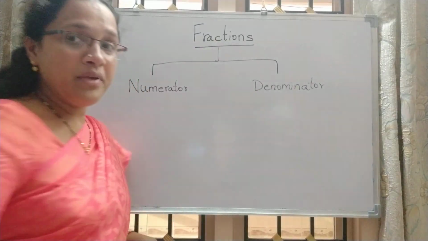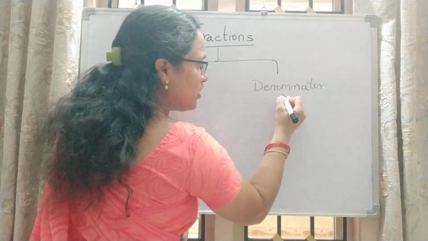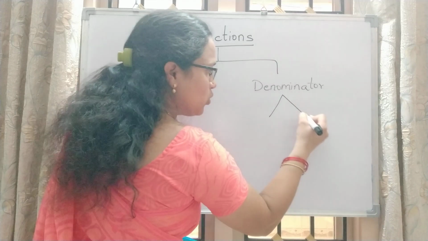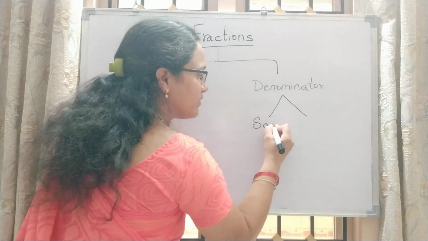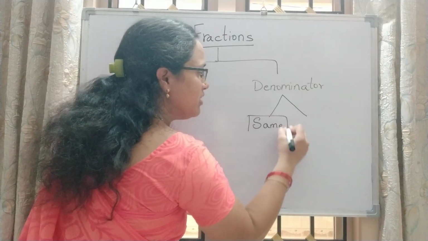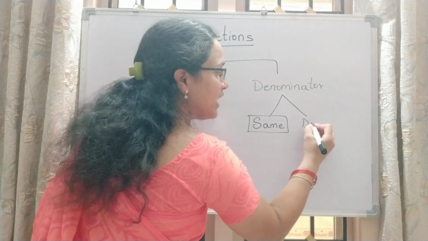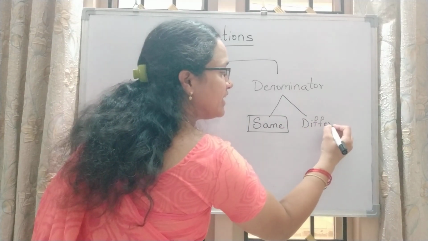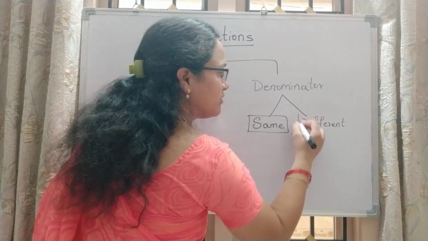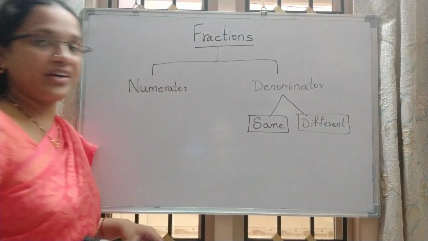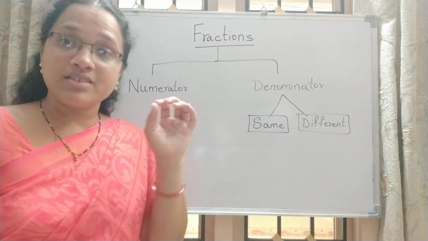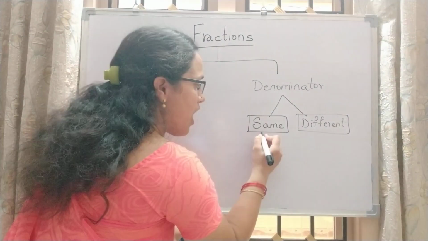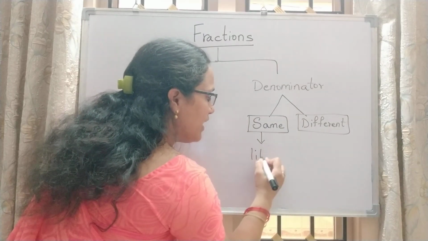In the denominator there are 2 types. One which has the same denominator, and the other which has different denominators. Fractions which have the same denominator are called like fractions.